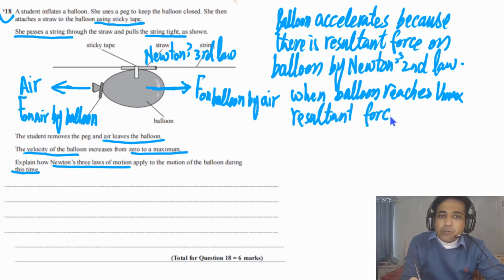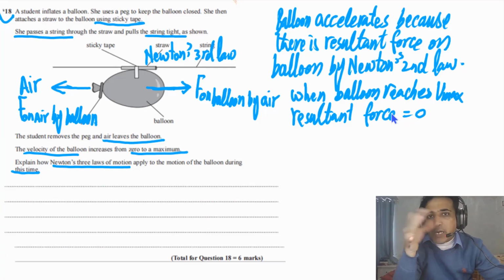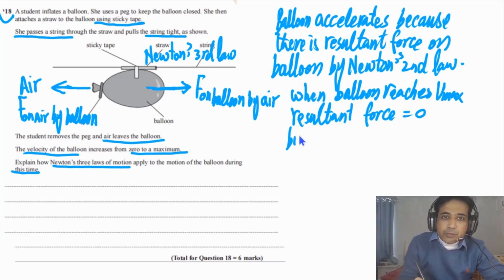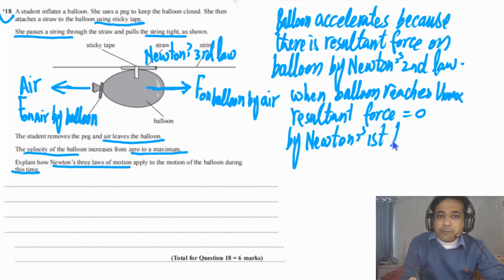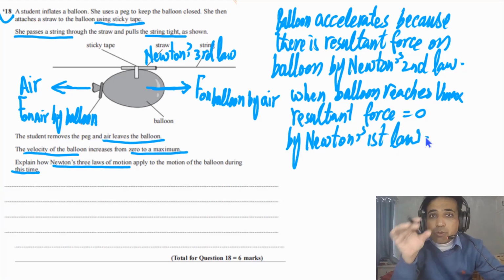Resultant force will be equal to 0, because in this case force on balloon by air will be equal to the resistive forces. So by Newton's first law, resultant force will be equal to 0. So this is how you can include 3 laws of motion to explain the motion of this balloon.